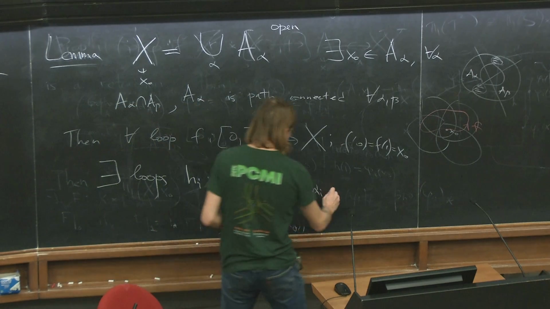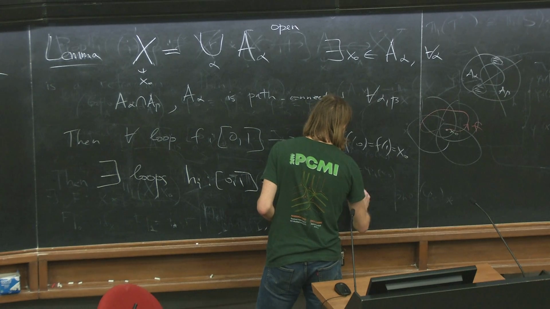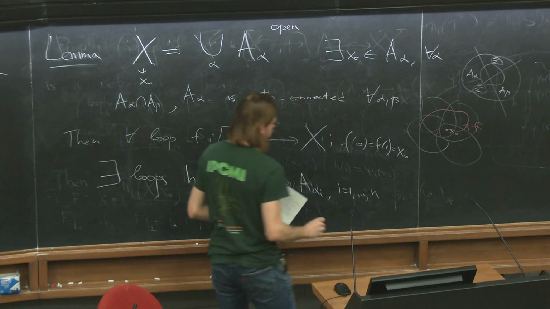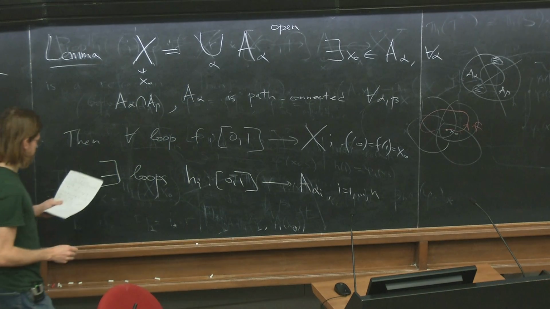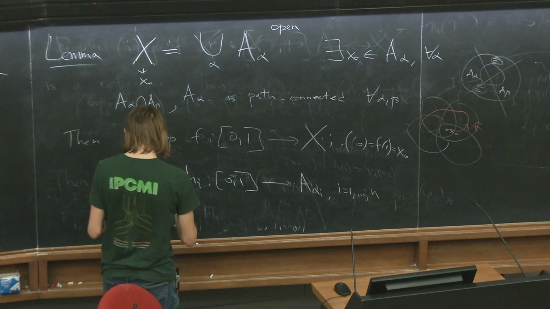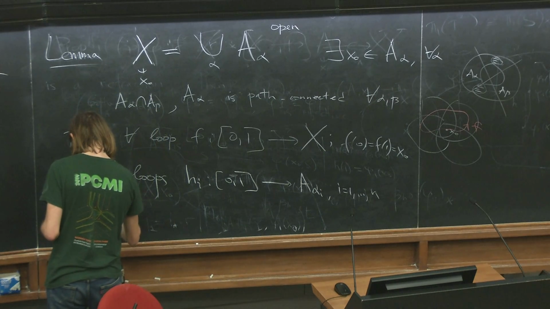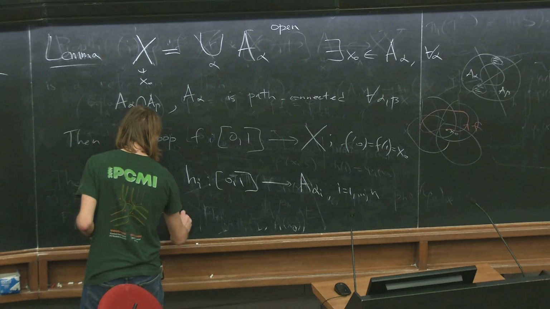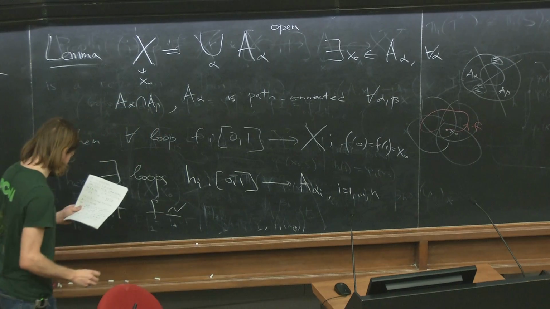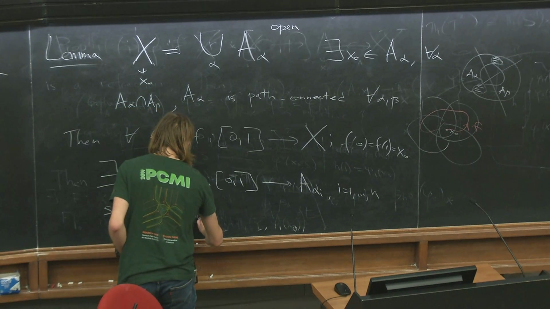We are finding a number of them, labeled by indices from 1 to n, such that our loop f is homotopic to their composition.